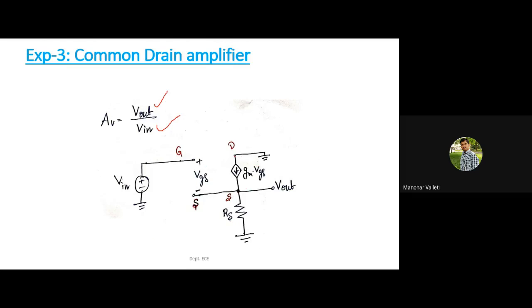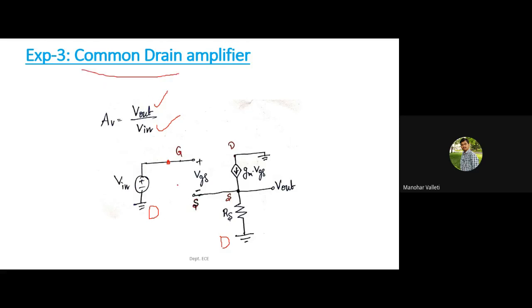You can observe here that the output is considered across the source and the drain is grounded. The input is applied from gate to ground, so the drain is available here, as the drain is grounded. The same way, the output is taken from source to drain. So as the drain is common between both the input and output, this configuration is the common drain configuration.